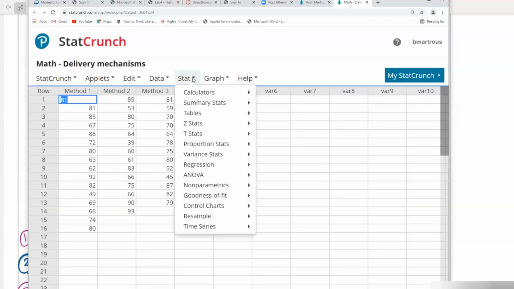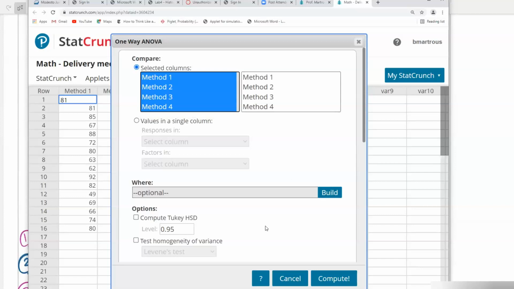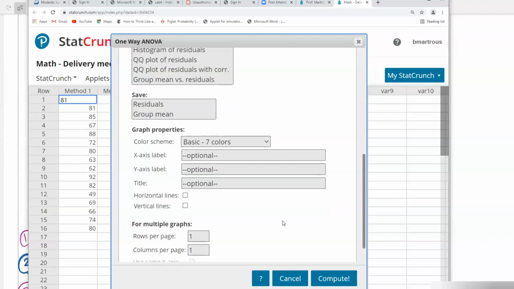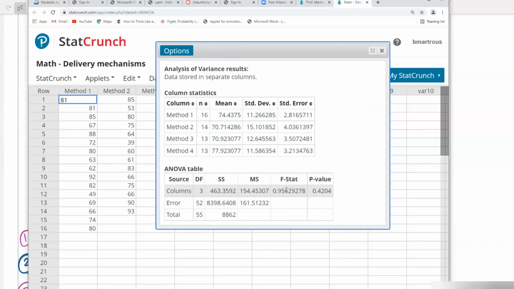Our test is one-way Anova, so it's Anova one way, and we have 4 columns. This one's easy. Just select all those 4 columns, compute. These are the answers that we have. Let's use the TI-84, and you're going to see that we have exactly the same answer. It's 0.96 for F, and for P we have 0.4204.